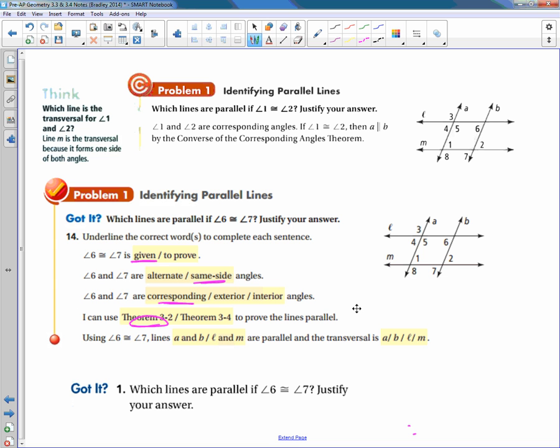It is 3, 2, but we wanted to say corresponding angles, okay? Now, according to 6 and 7 being congruent, which ones are the parallel lines? L and M. And which one's the transversal? B. Good job.